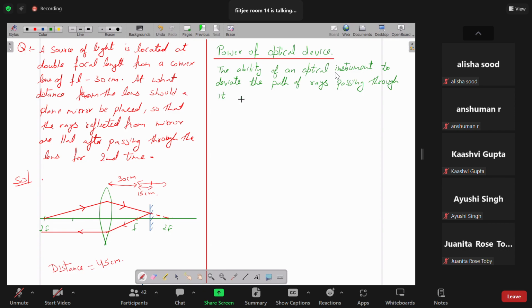So whenever the rays are passing through it, the ability of this optical device to change or deviate the path of the rays is called its power.